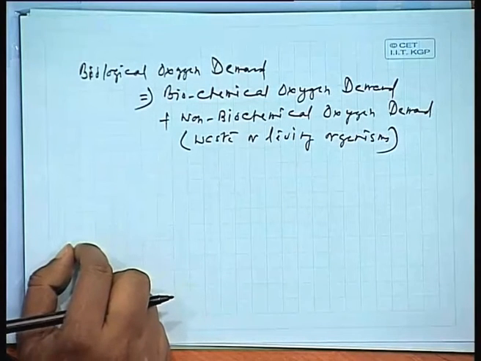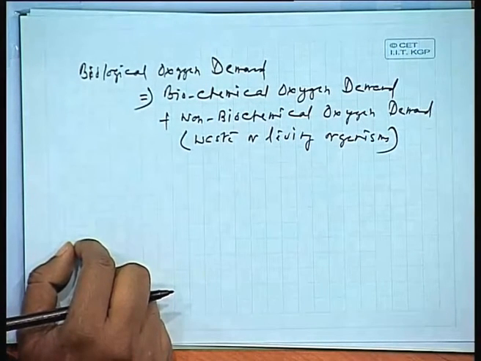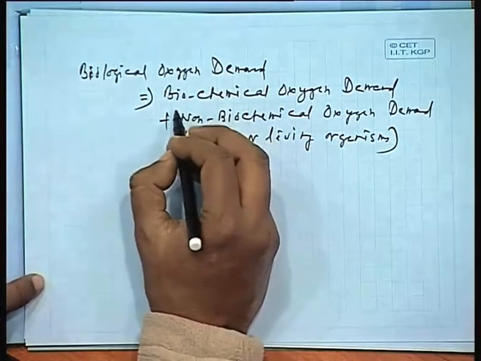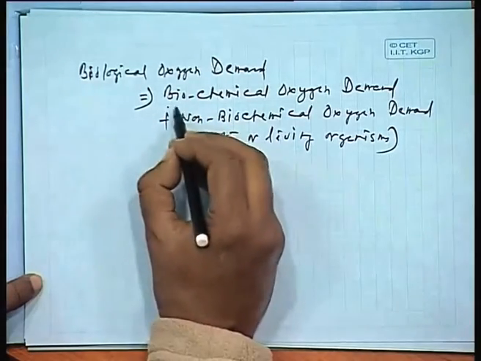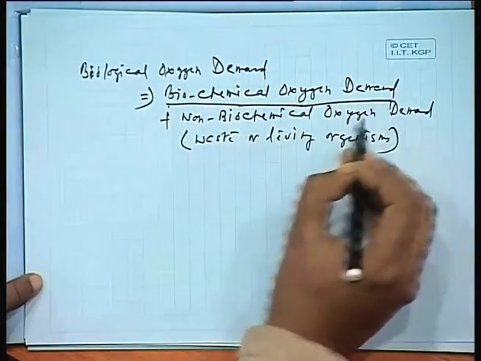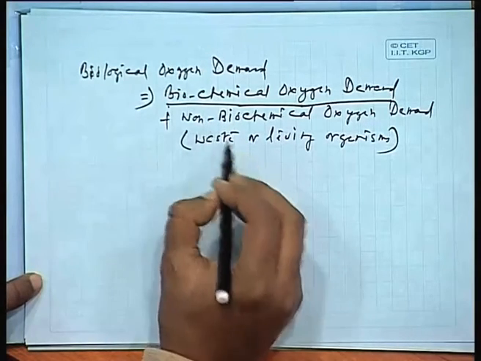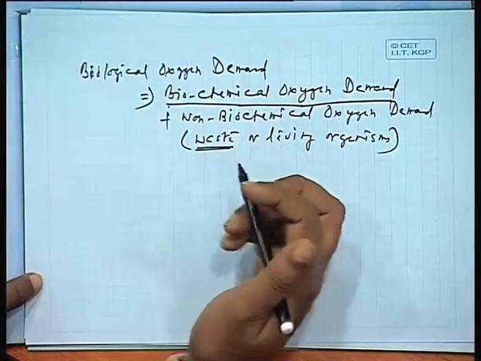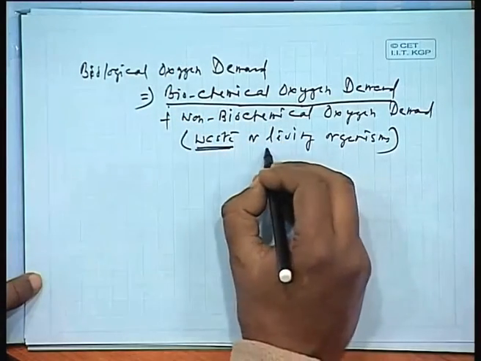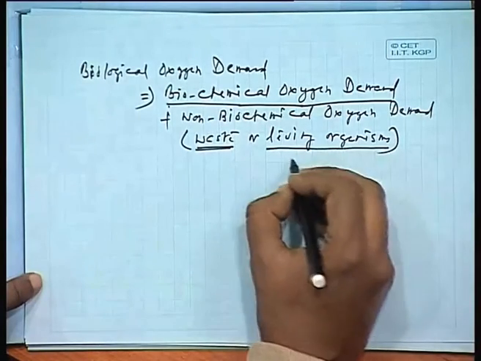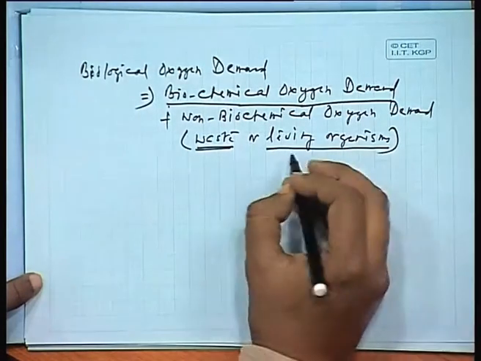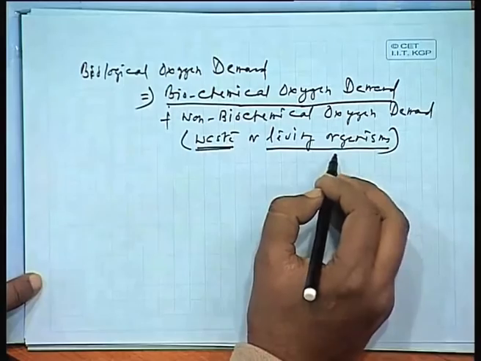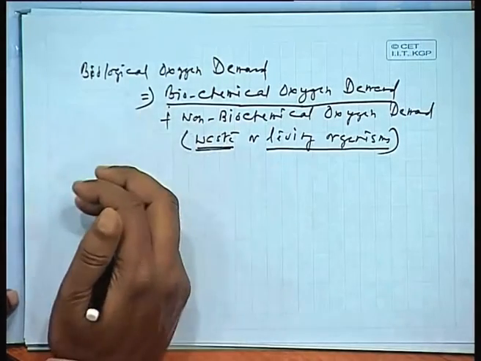We can observe that the biological oxygen demand would include this: the biochemical oxygen demand plus the non-biochemical oxygen demand, waste out of biochemical sources, and also some living organisms, plants and plant species and animal species, or any kind of species that you can think of. So, this is the total biological oxygen demand.